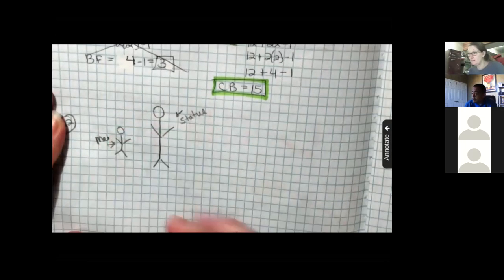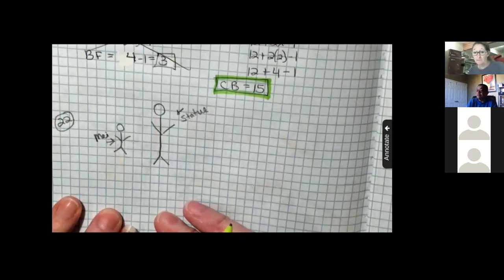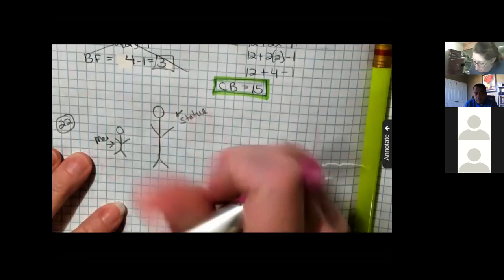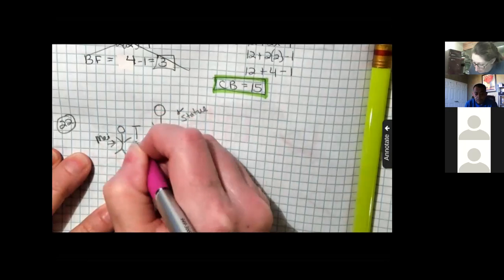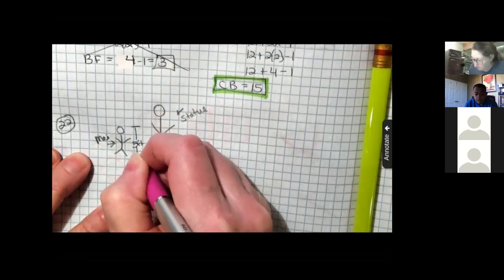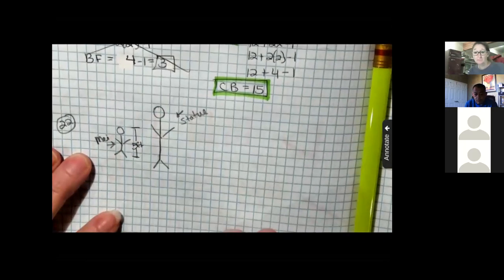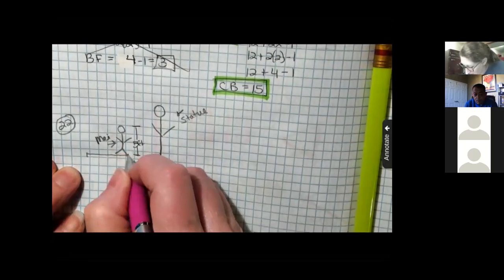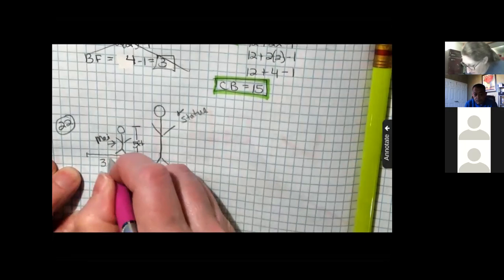Okay, got it? So if May is 5 feet tall, okay, she's 5 feet tall. Her shadow is 3 feet long, so I'm going to put her shadow over here, and we have a triangle, 3 feet.